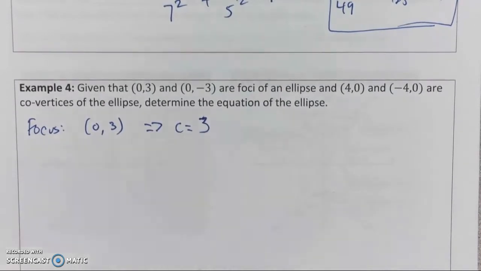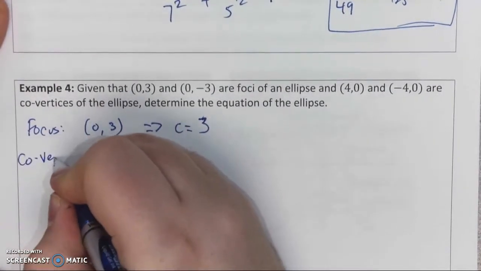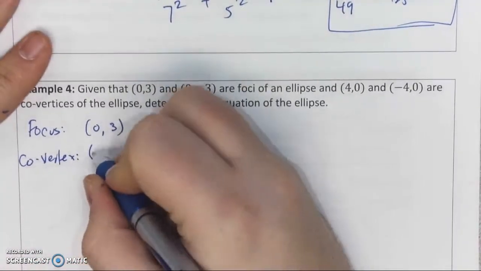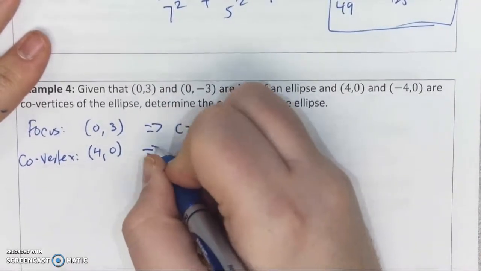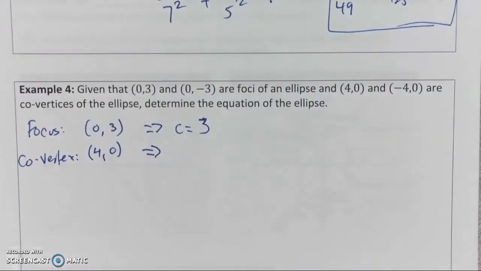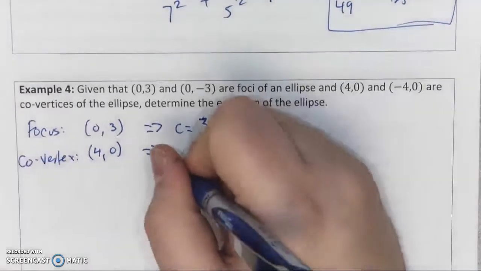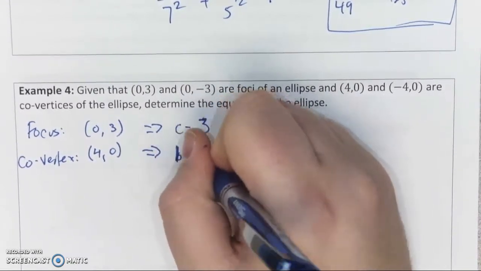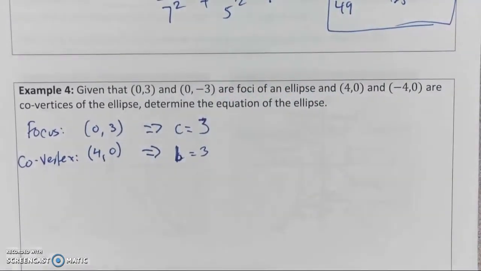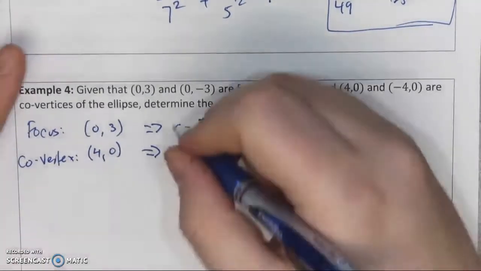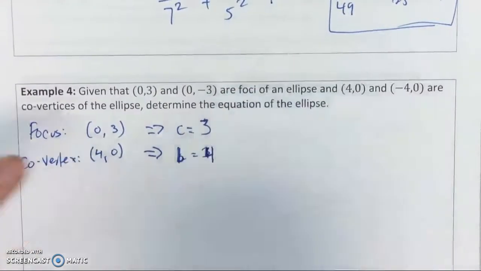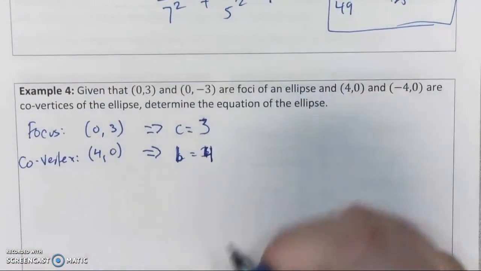So remember, the focus is always going to correspond with a c value. And I'm given co-vertices, and I'm going to pick one. They give me 4, 0 and negative 4, 0, but I always like working with positive numbers, so I'm going to say 4, 0. And that implies that your b equals 4. Sorry, my mistake, your c is 3 and your b is 4.